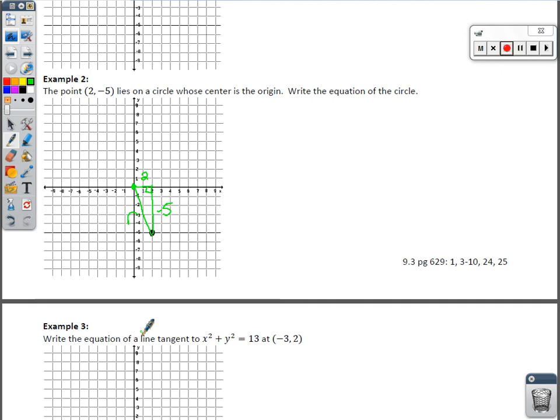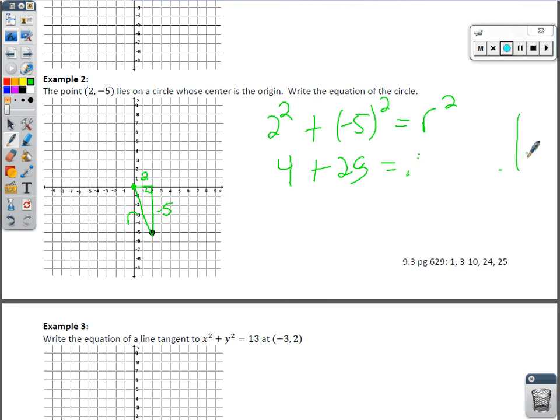We can find it with the Pythagorean theorem. So we can say 2 squared plus negative 5 squared equals r squared. That's 4 plus 25 equals r squared. There we go, r squared. And that's 29 equals r squared. Take the square root of both sides.